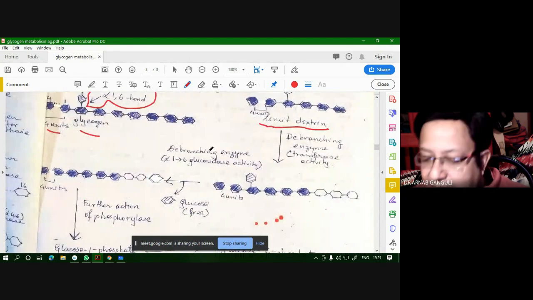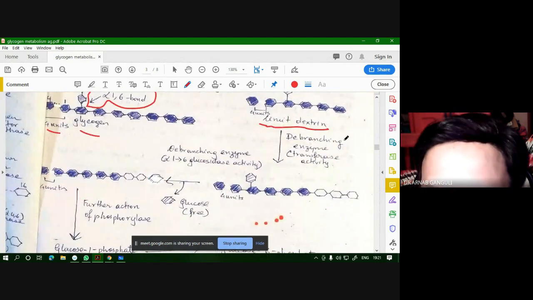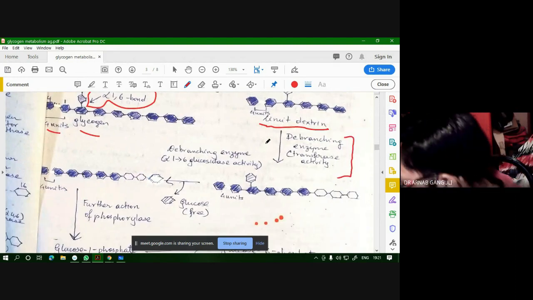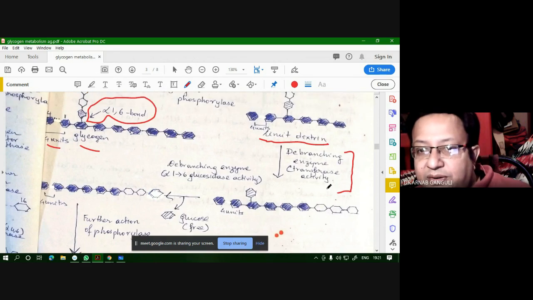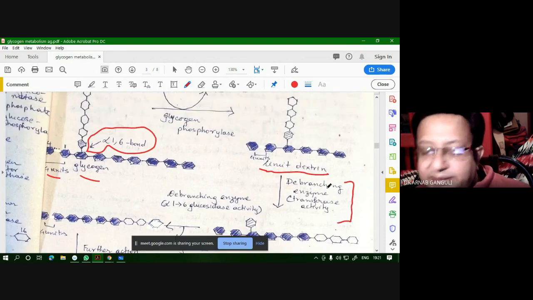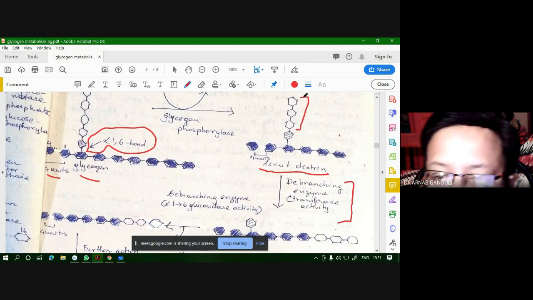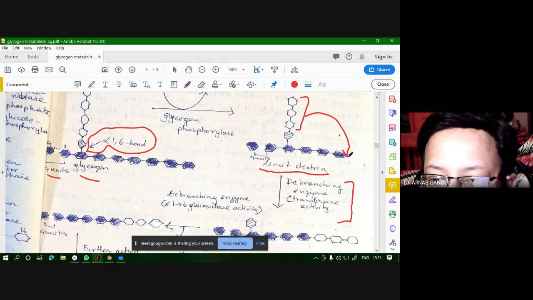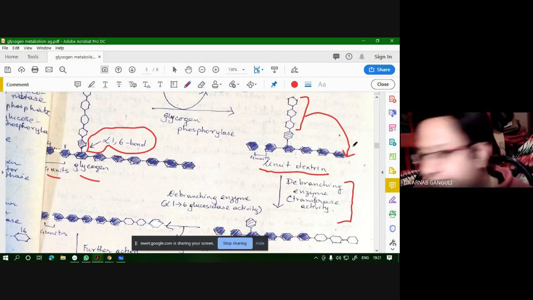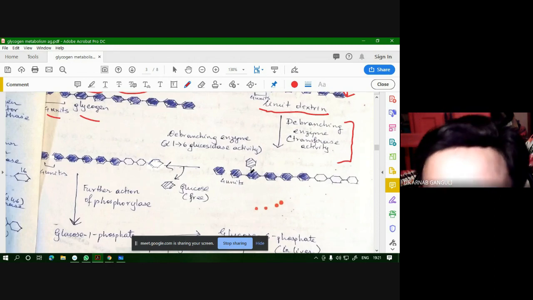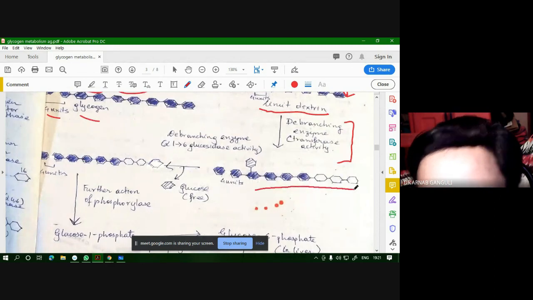Now you have a debranching enzyme. It has got a transferase activity. What it does is these top three are transferred to this end. And this becomes longer.